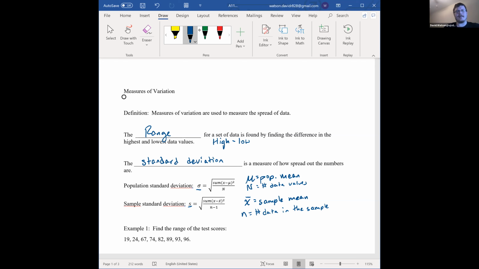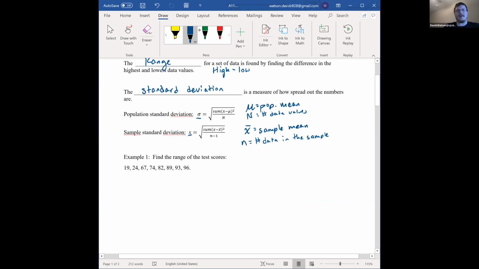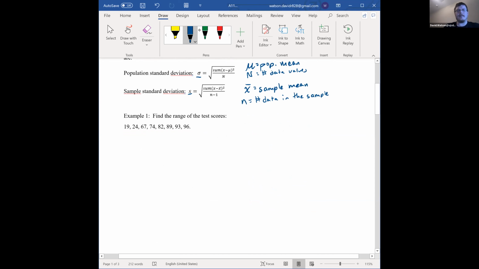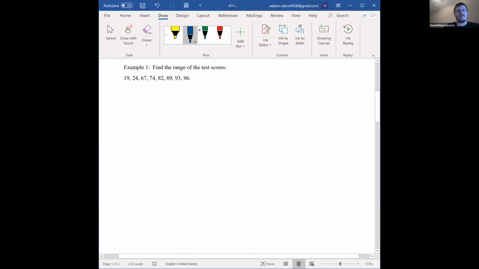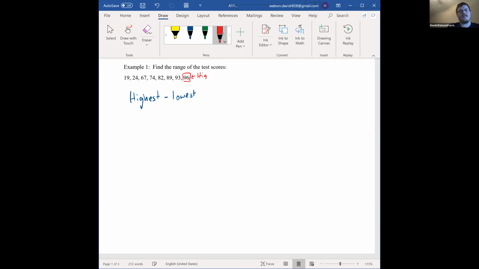Let's start looking at some examples. We'll do the first three by hand, and then we're going to move over to Excel. First off, find the range of the test scores. Remember, range is you just take the highest and subtract the lowest. 96 right here is our highest. 19 is our lowest.